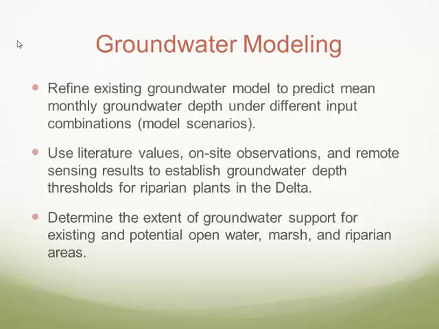So we have super high resolution, awesome data on vegetation conditions for the pulse flow. And what I'm in the middle of doing right now is looking at the relationship between that vegetation and depth of groundwater to see what we think the levels of groundwater that cottonwood willow and other habitat types need in the Delta.